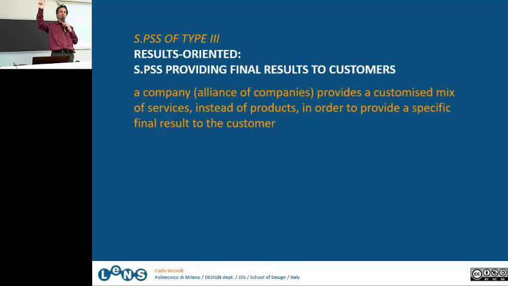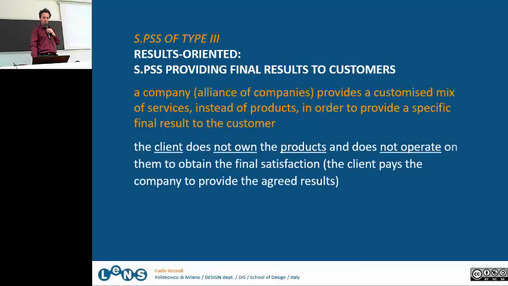A given amount of light. And what changed compared to the other one is that I'm not the owner of the product. The provider remains the owner of the product. But in this case, it's a full service. We are dealing with everything.